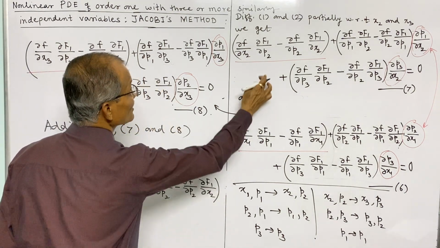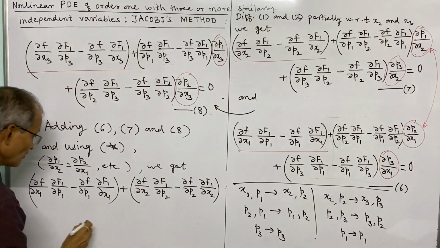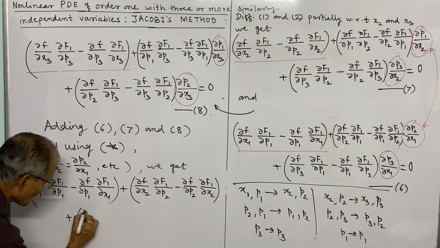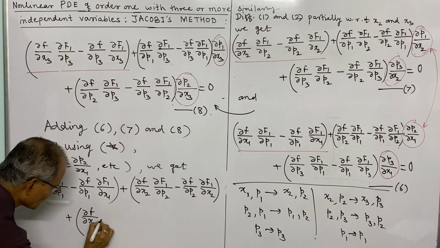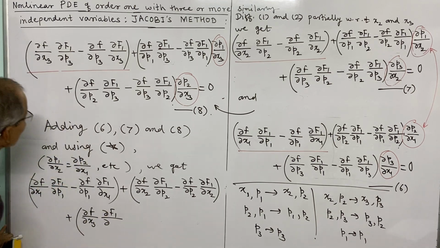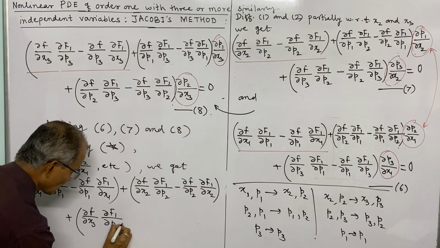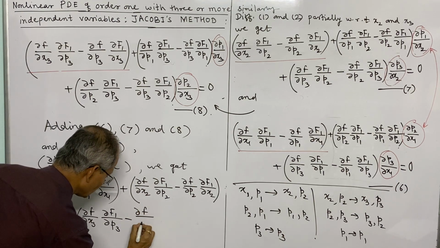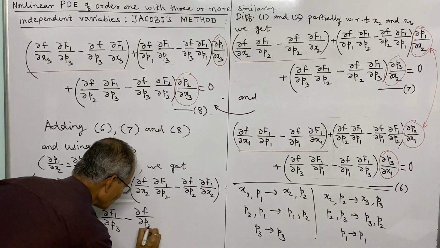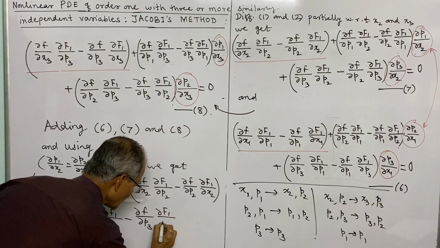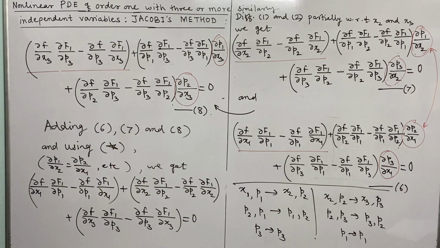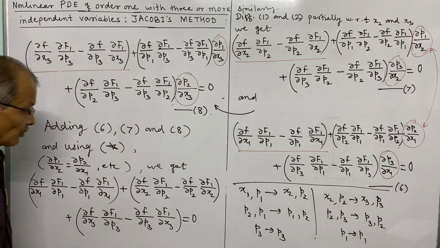So that remains from the second and this remains from the third. Plus so this is P3x3. So thus this is the equation that we have obtained, and we suppose this as 9.